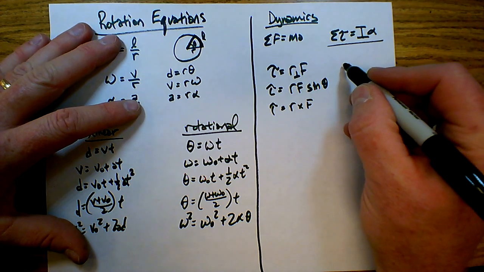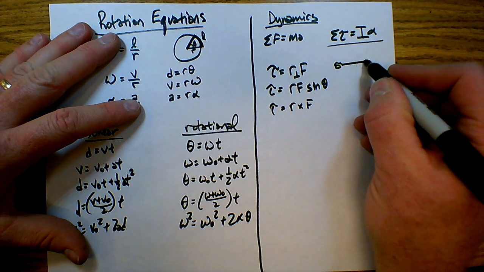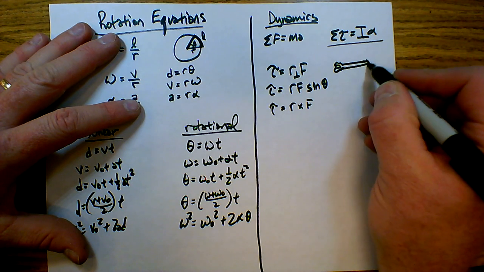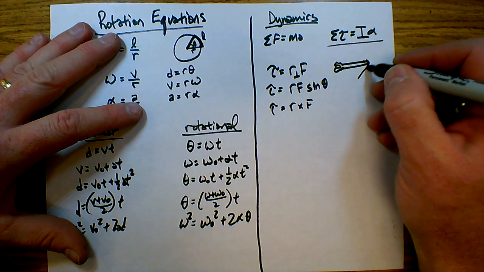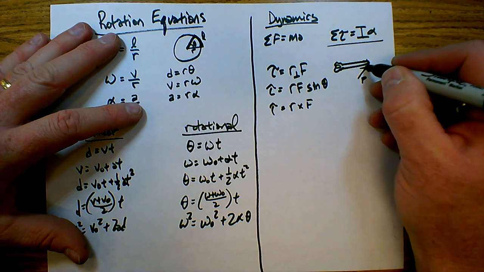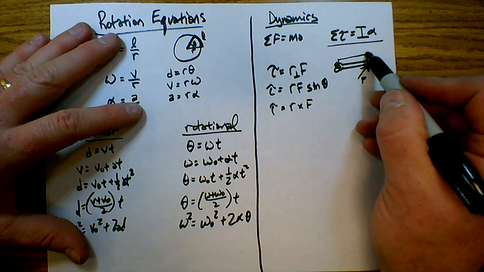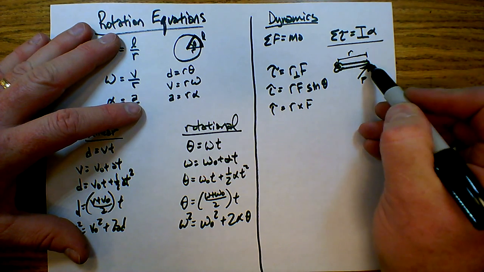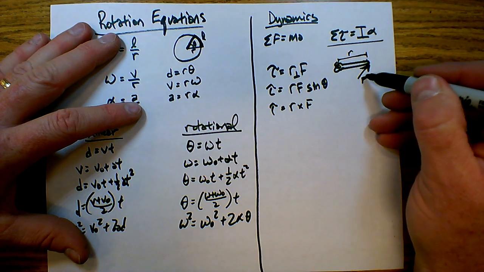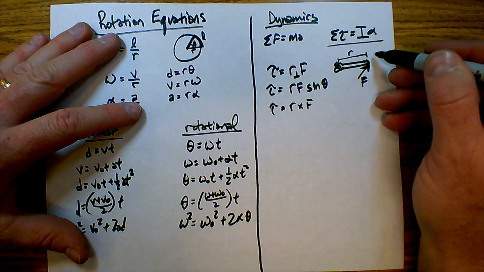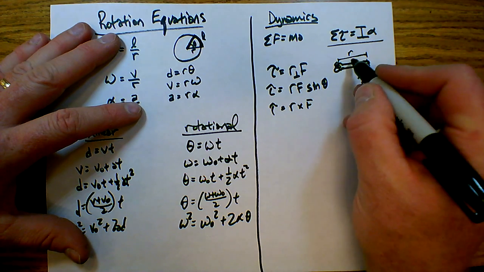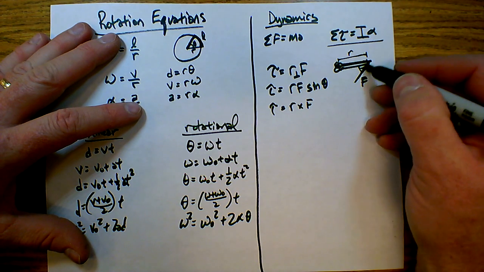For example, the example I always like to use is a wrench. So here I've got this wrench. If I apply a force right here at this point, then here's my axis of rotation. My r is the distance from the axis of rotation to the point the force is applied. The force is applied in this direction, and there's an angle theta between the r vector and the f vector.